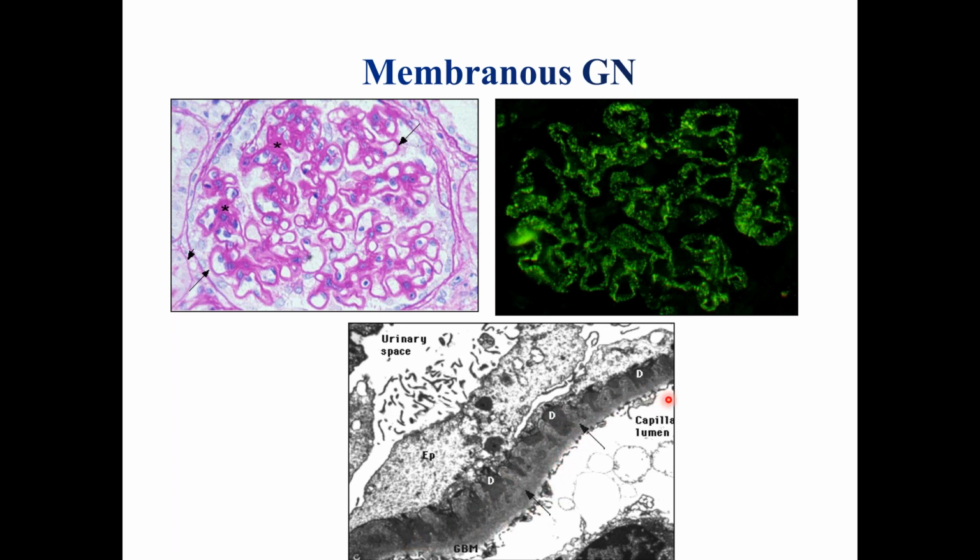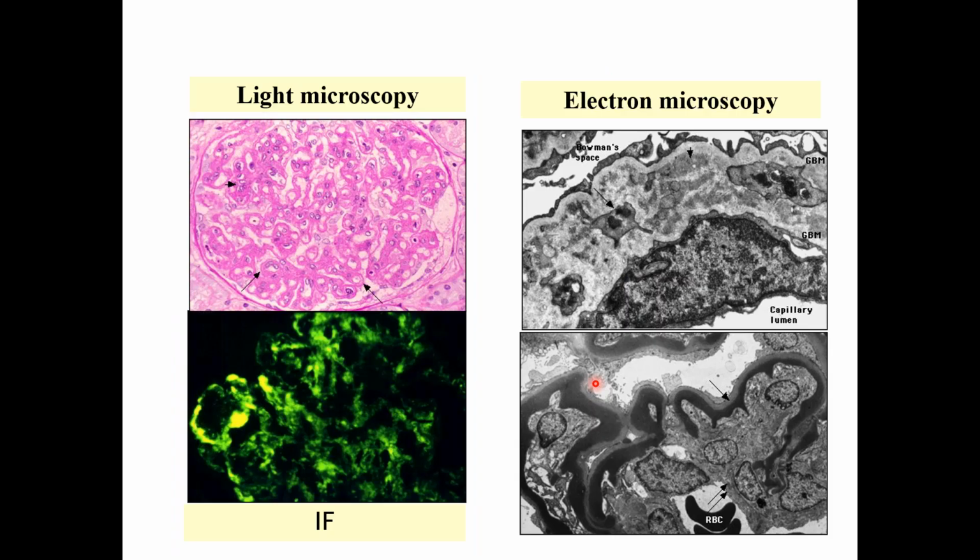So this is the subendothelial side. Generally you find deposits on the subendothelial side in conditions like membranoproliferative disease, whereas subepithelial deposits or hump-like spikes are what we usually see in patients with membranous nephropathy. So in these conditions, electron microscopy becomes an important tool to identify these secondary causes of nephrotic syndrome.